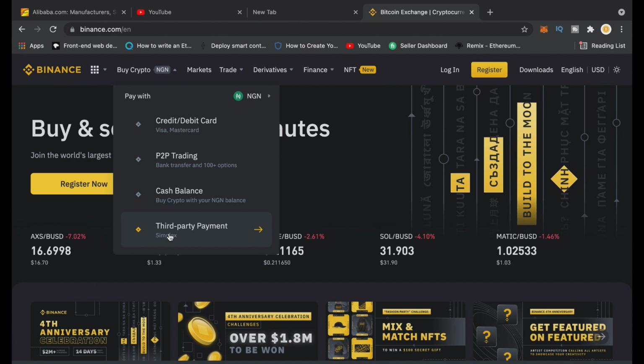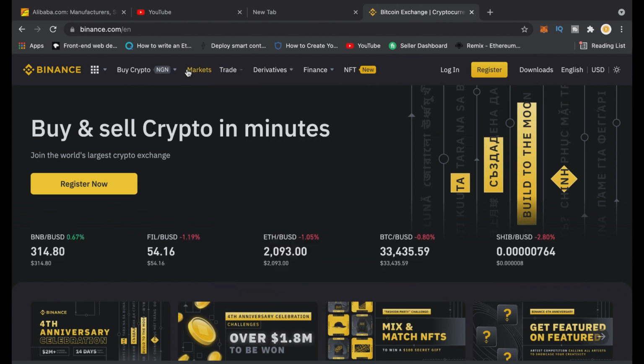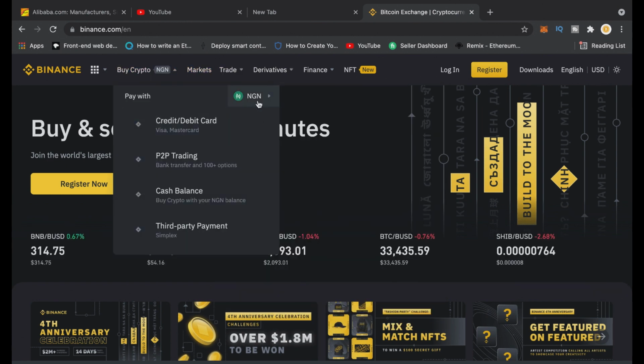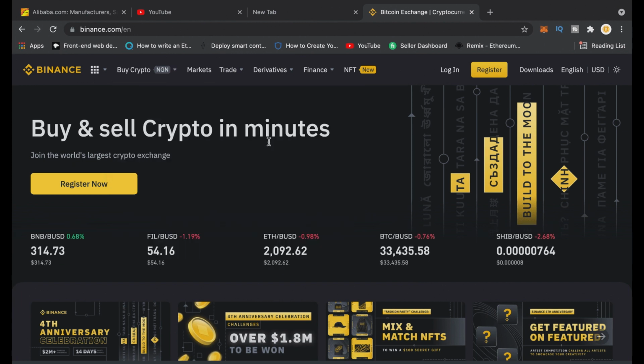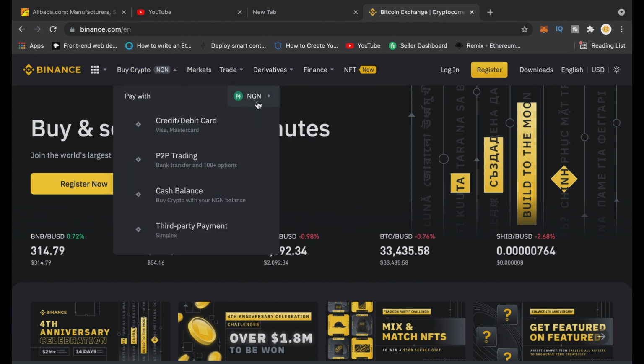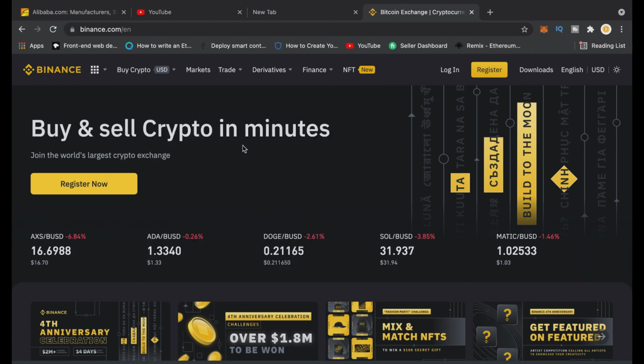This here is just because I'm in Nigeria, and that's what you see. But for example, if I am in another place, the site can automatically detect this. I can just use this here, and then I'll change it to USDT. You understand?